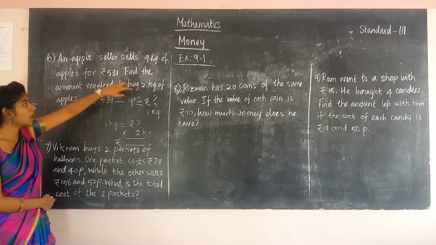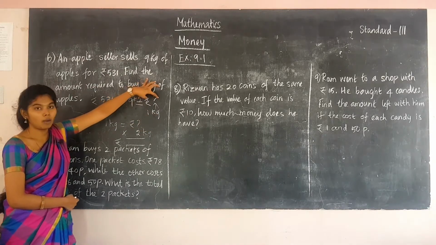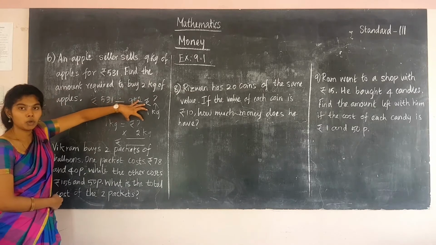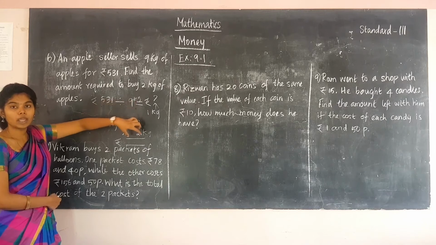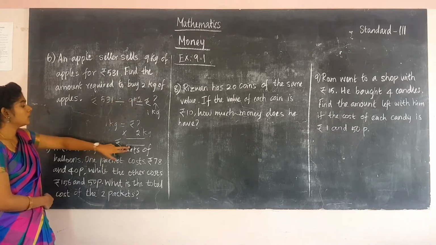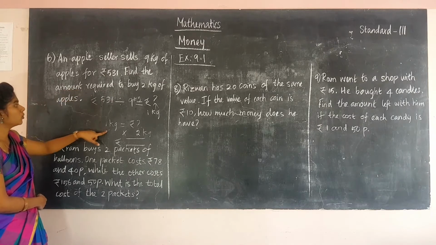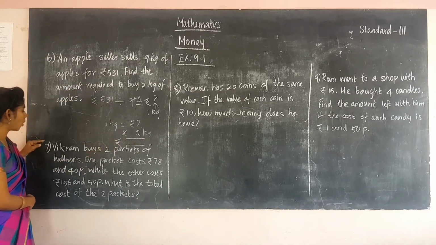So we will get the amount for 1 kg. After finding that, we can multiply with 2. So we will get for 2 kg of apples. For 2 kg of apples, how much amount is required? So you are going to do this. First do the division and then multiplication. And see the next problem.